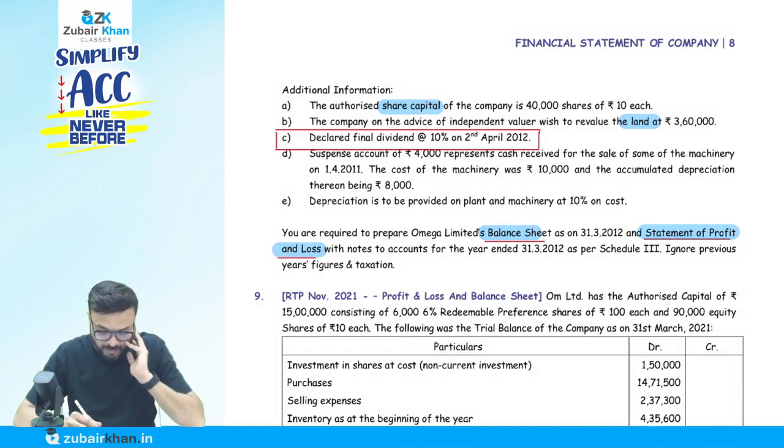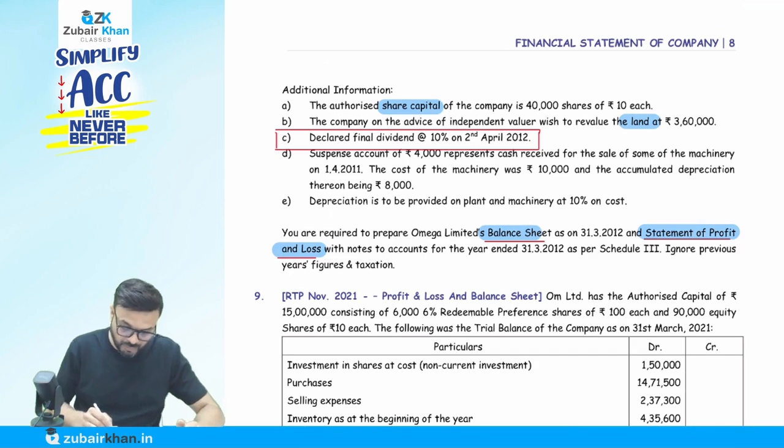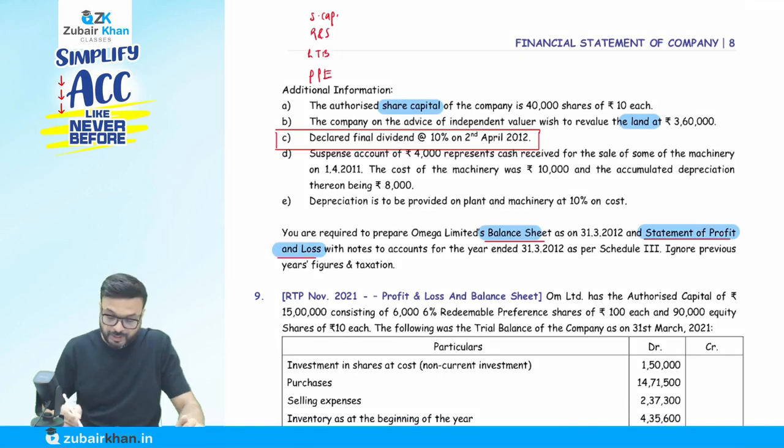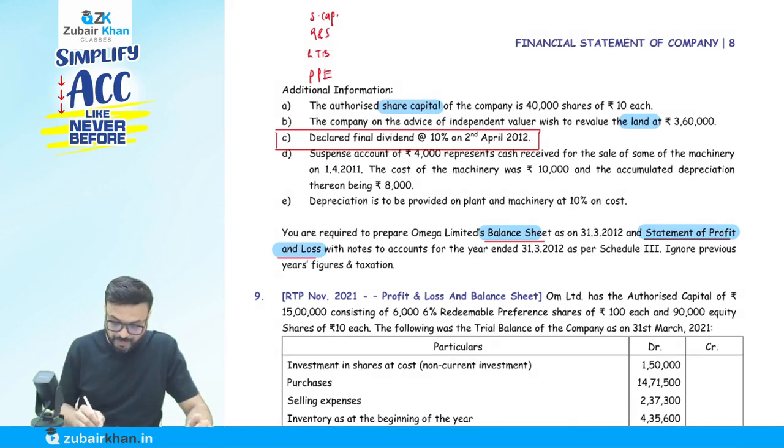Point number 1 talks about the share capital, which we have already prepared. Point number 2 talks about the revaluation of land, that is PPE, which we have also prepared. Point number 3, C, is going to come in the notes, and at the end we are going to write it in one note. Now point D talks about the suspense account, but I will discuss that later.